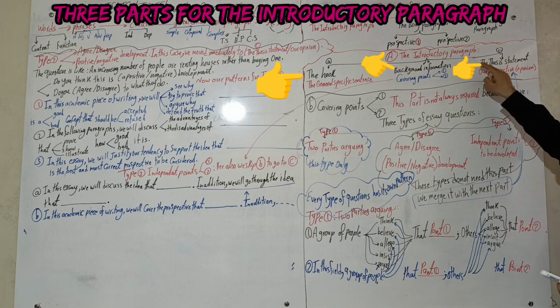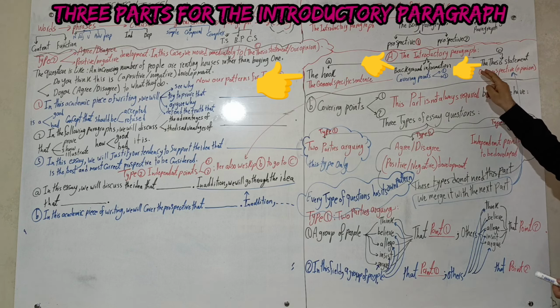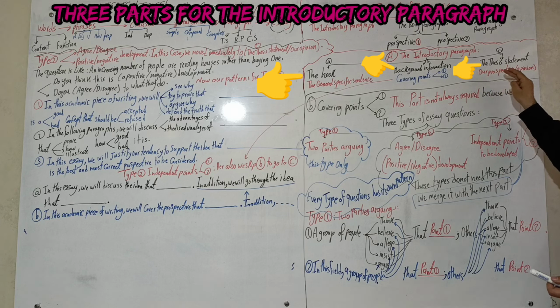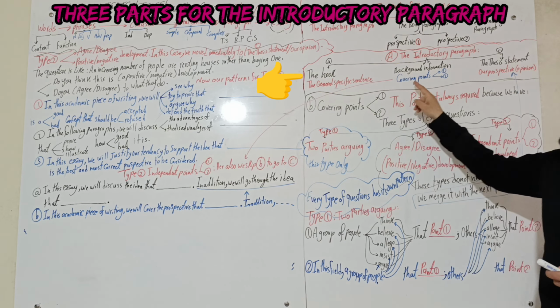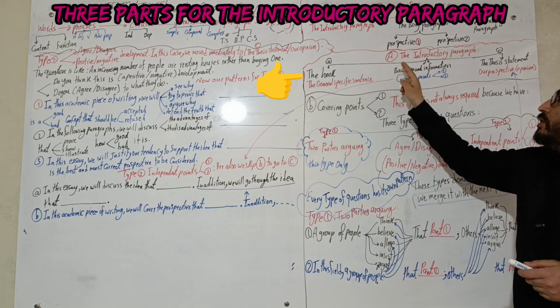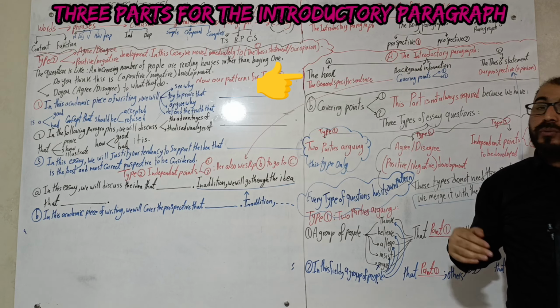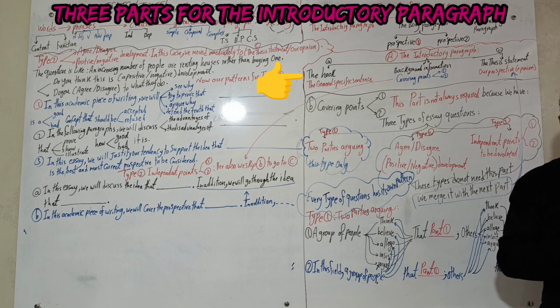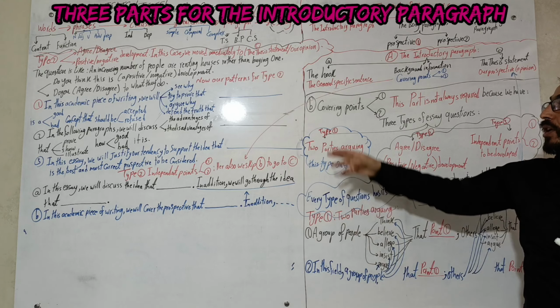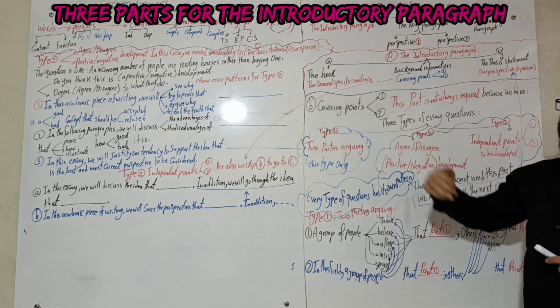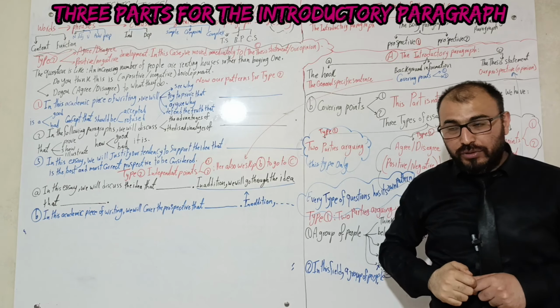And the third is the thesis statement, which I prefer to call our perspective or our opinion. Again, I chose my own nomination, and I mentioned the international or common ones so that I make the students a little bit familiar with the terminology I'm going to use in my own book.